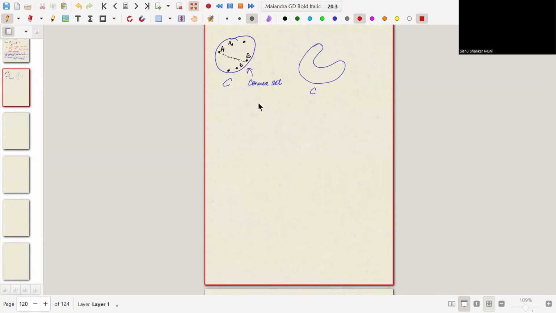How many of you say it is a convex set? So set C means what is this set C? This means that it is constituted of a million of points, like a lot of points. You should not get afraid seeing that cartoon. So how many of you say it is a convex set? How many of you say it is not a convex set?